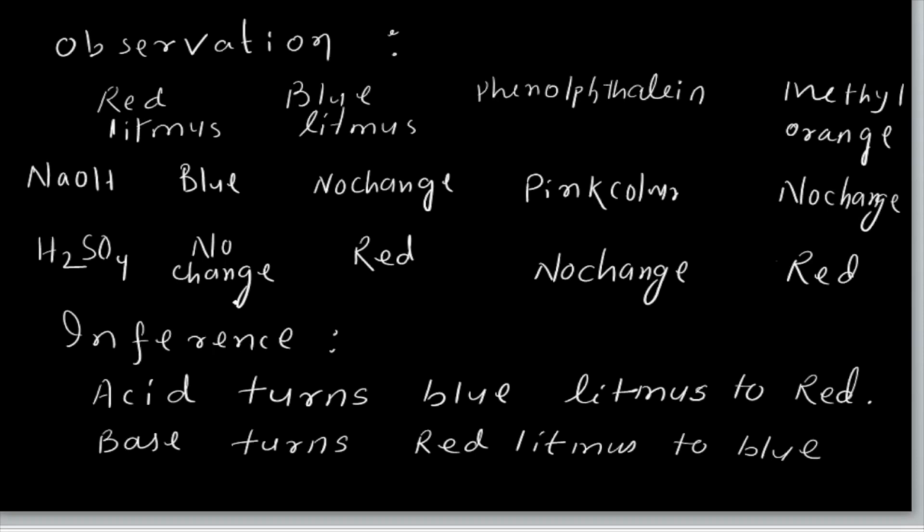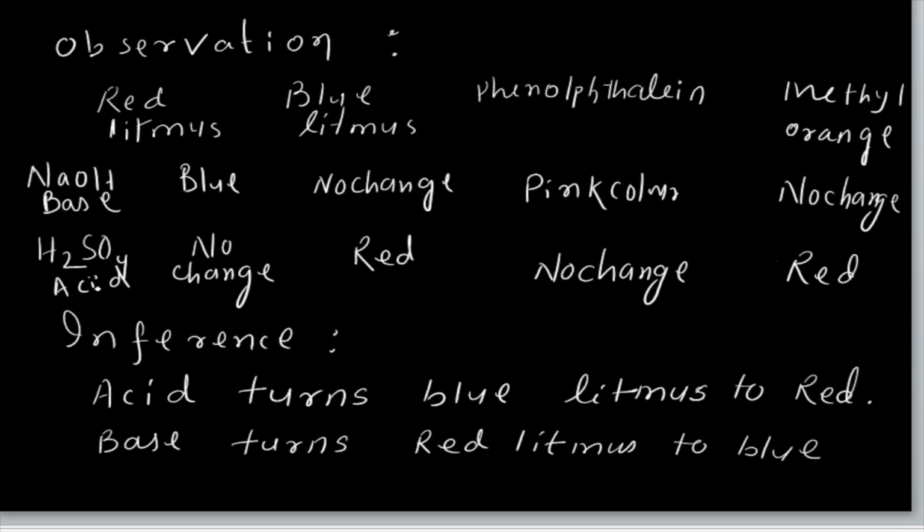So with sulfuric acid, you can find red litmus paper no change and blue litmus paper turns red, and phenolphthalein no change and methyl orange red color. That means you should remember sodium hydroxide is a base. That is why red litmus turns blue. And sulfuric acid is an acid. Acid means here what happened?